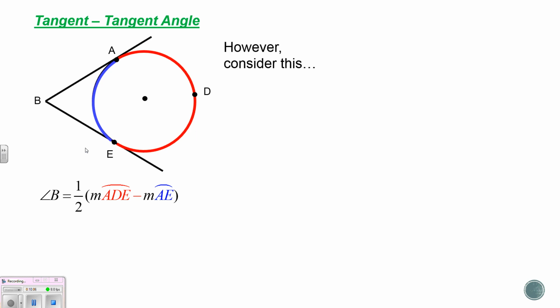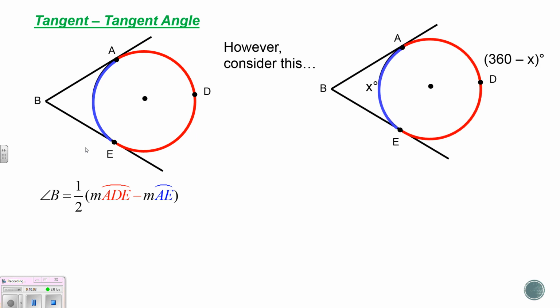However, I want you to consider this. Take a look at this circle with the tangent angle, and if I called this arc, the blue arc, X, because the circle is 360 degrees, that means that the remaining red arc is 360 minus whatever that arc is, right?